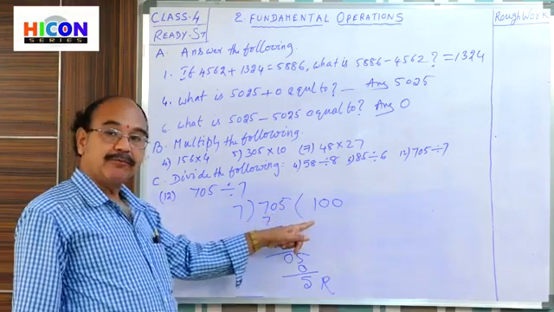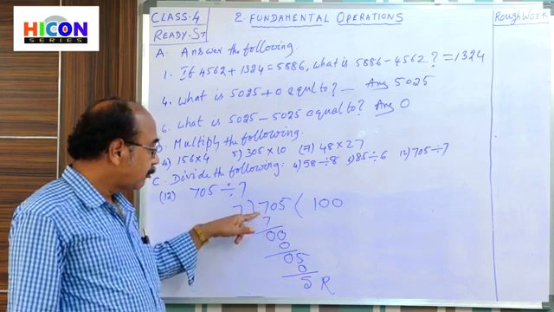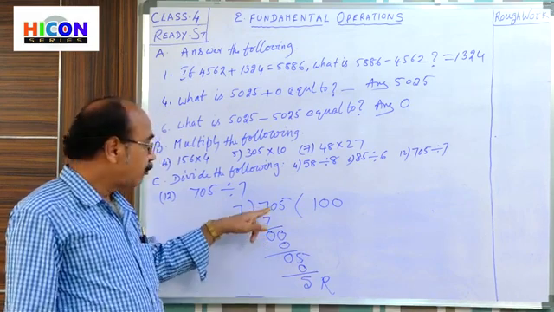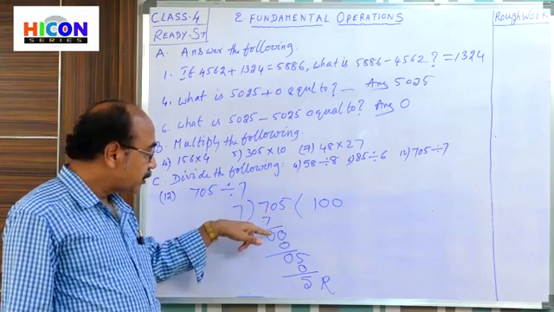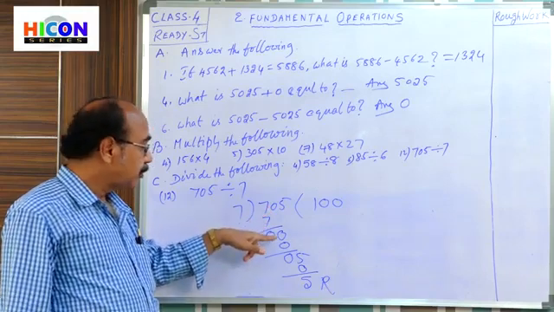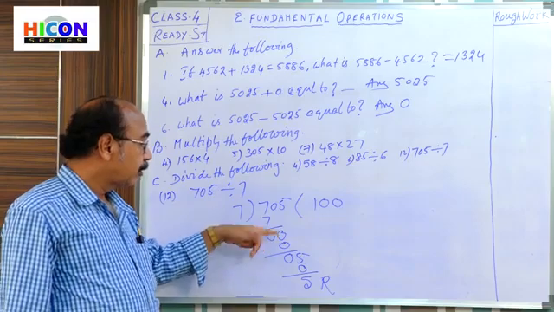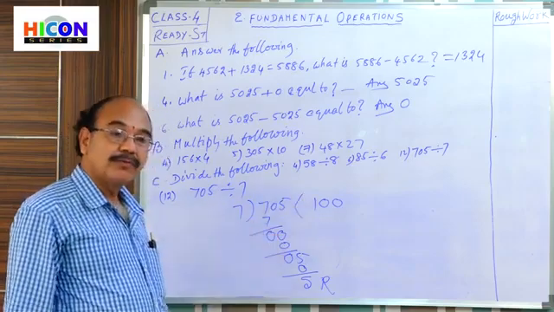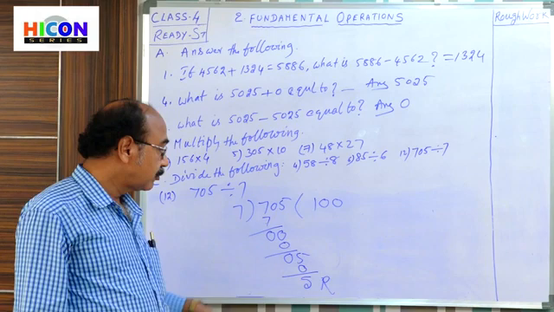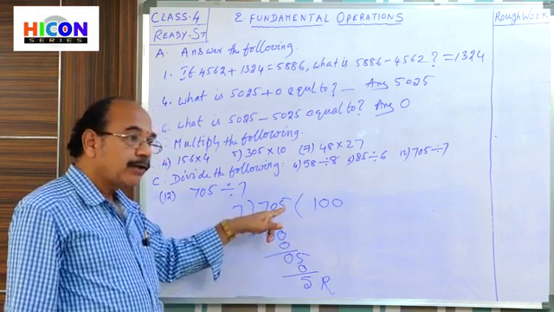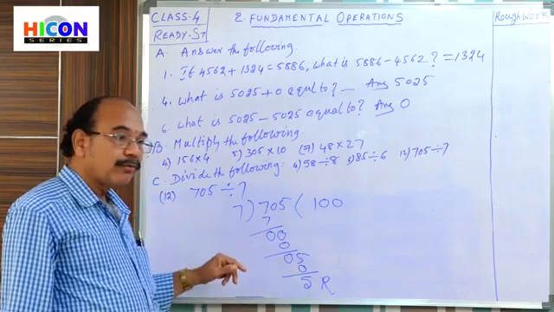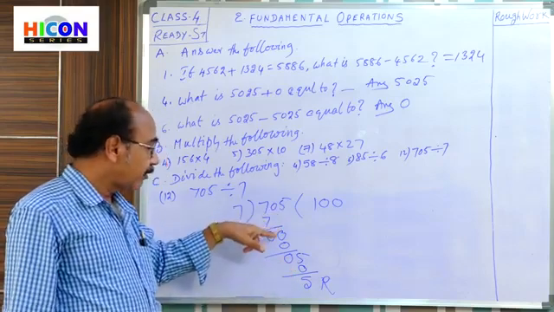7 first one time, 7 ones are 7, 7 minus 7, 0. Now from the dividend, we bring down the next number. 0 is to be taken. 7 zeros are 0. Now, from the dividend, next number you bring down. What is the next number? 5.